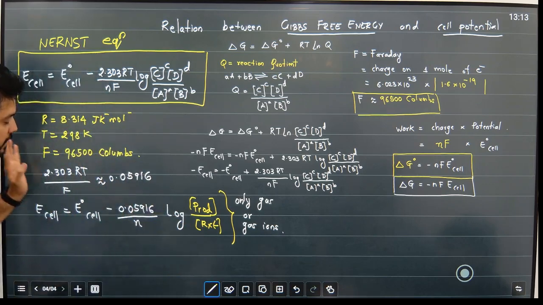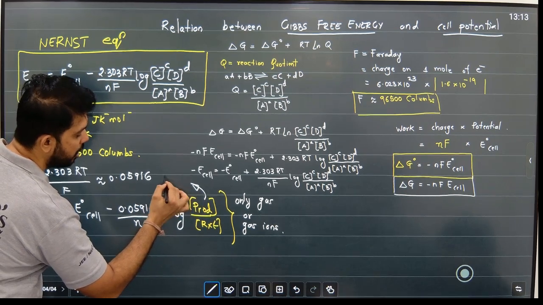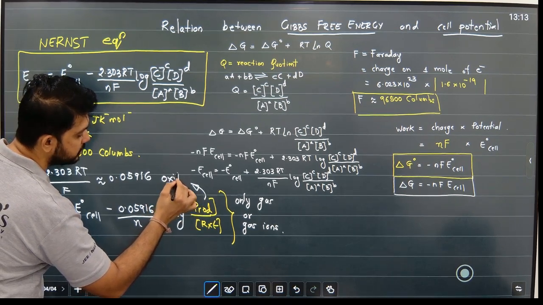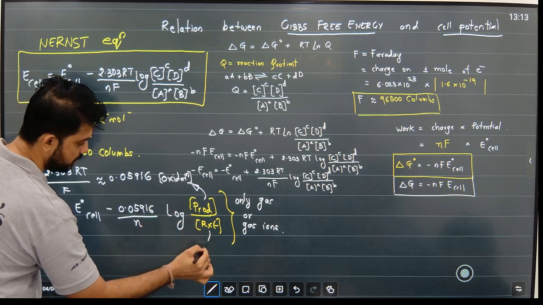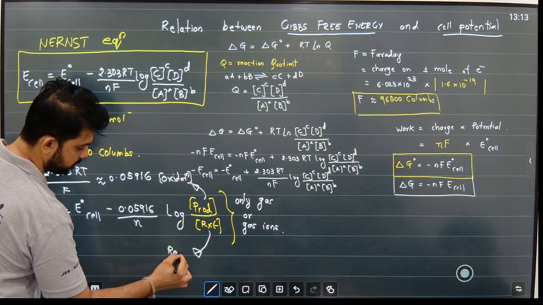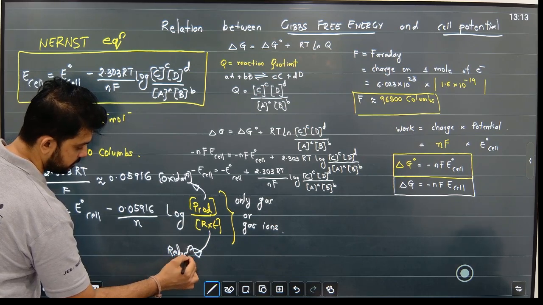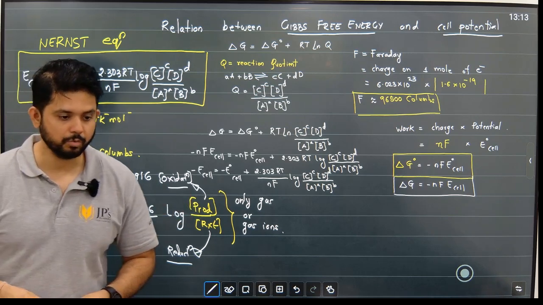Or there's one more way of writing. Instead of products and reactants, when we do sums, this will bring a little more clarity: the elements which have undergone oxidation over the ones which have undergone reduction. I repeat, when we do sums, this becomes more clear.